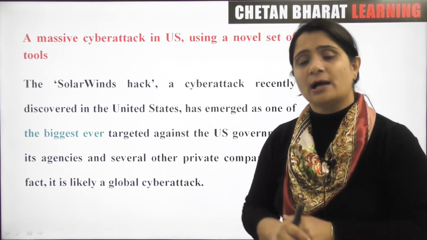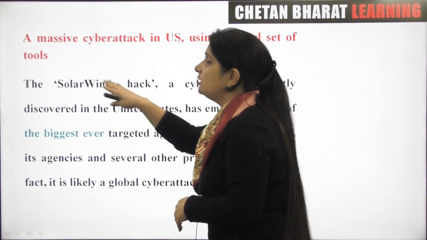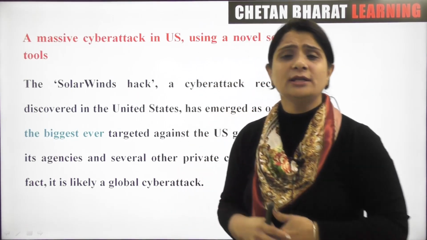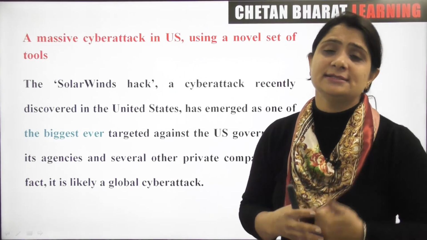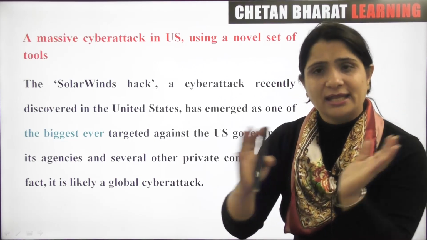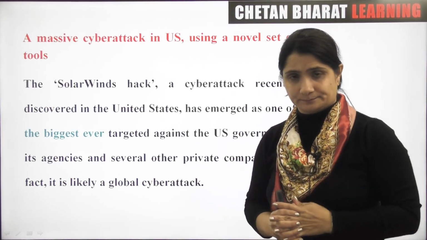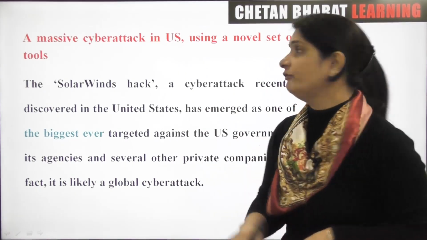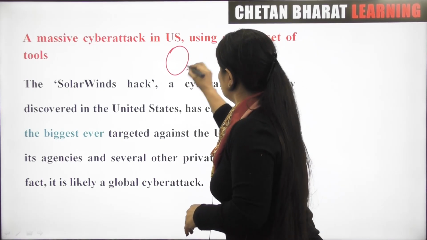An important company in the US by the name SolarWinds monitors and manages the IT department of the US federal government and many other private clients through its software named Orion.